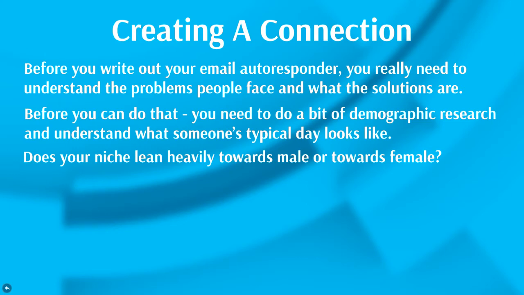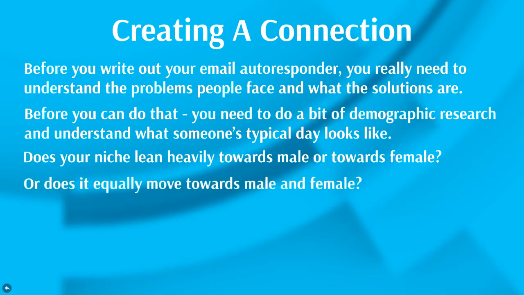So my question to you is, does your prospect within your niche lean heavily towards male or towards female? Or does it equally move towards both male and female? So, let's say, for example, that niche is 90% female, or even 95% female, or even 75%.